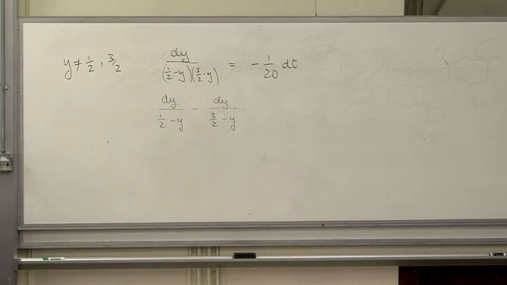Now, I think I've seen that you're good enough at partial fractions that I don't have to go through this particular step precisely, but are there any people here who would like me to do that? Okay.